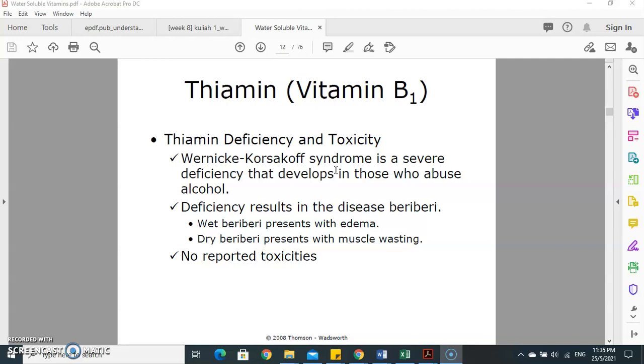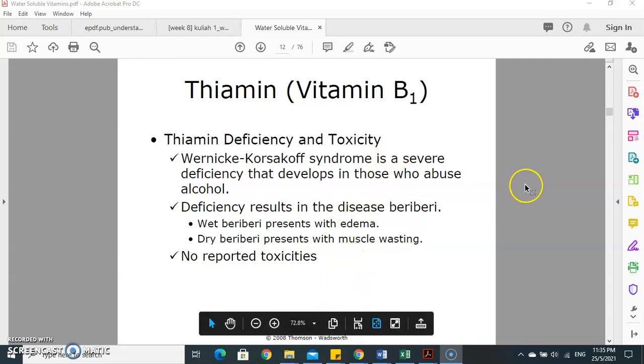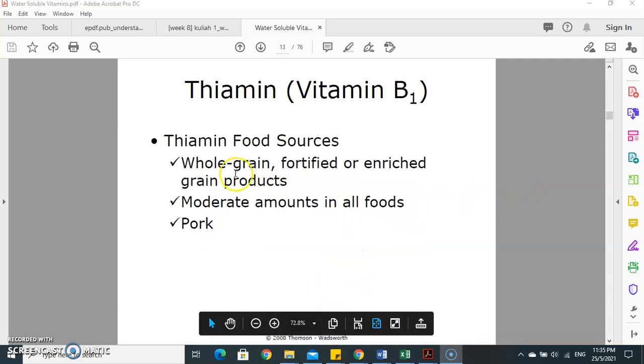So they found out that beras yang mereka makan tu, diorang buang apa? Kita panggil apa? Germ dia tu. Dia makan beras putih saja. All the endosperm semua dah tak ada, right? Because the source of vitamin B1 is from the whole grain itself. Dia kena whole grain.